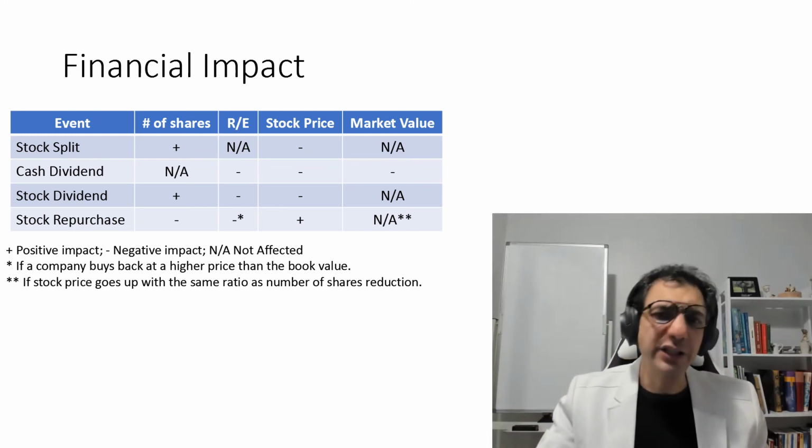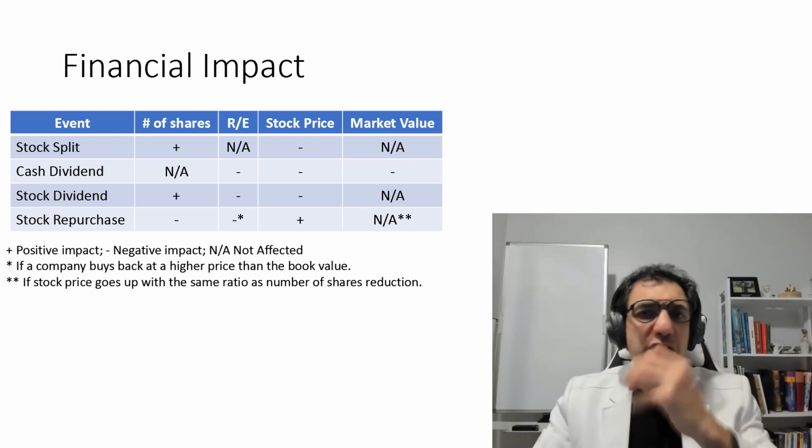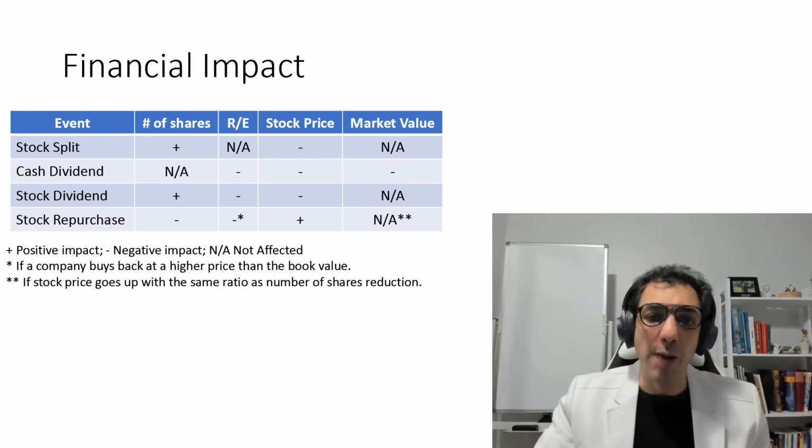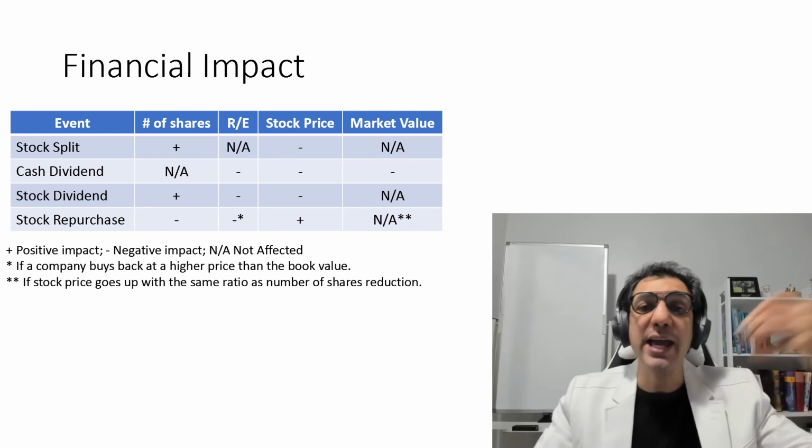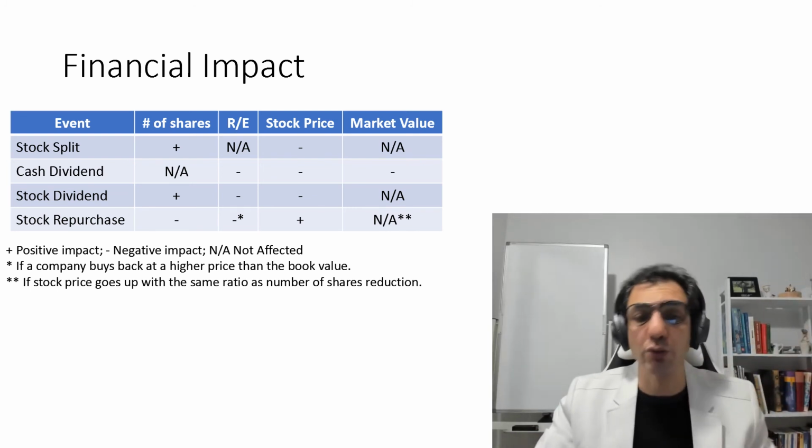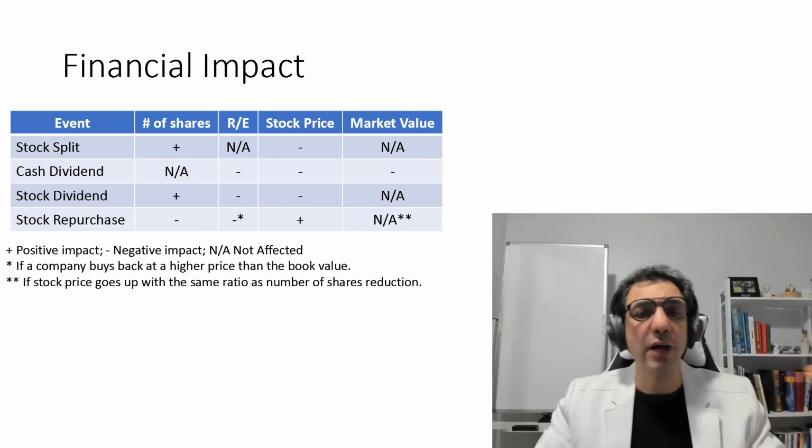When it comes to a stock dividend, we just mentioned the number of shares will go up because the company is actually paying in stock instead of paying cash, giving more stocks to current shareholders. The retained earnings is going down because what you're doing here, you are taking out the dividends from the retained earnings. So you expect the retained earnings going down. What's the impact on the stock price?